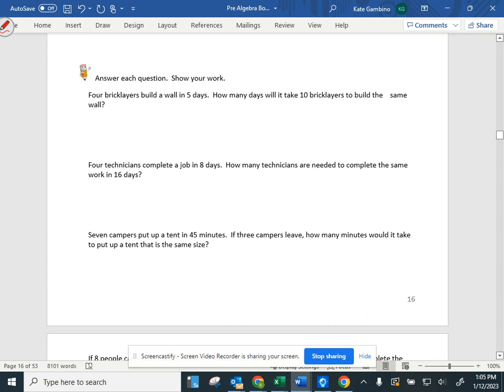we're doing good. So, we know there are 4 bricklayers in 5 days, and then there's going to be 10 bricklayers. So I'm going to start with my first one, 4 bricklayers over days equals, where do I put the rest of my information?